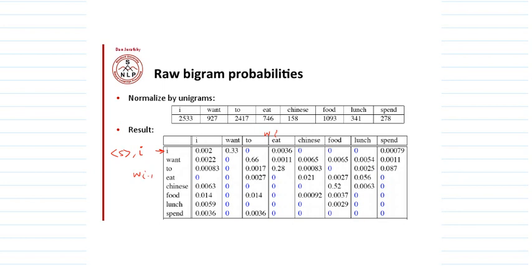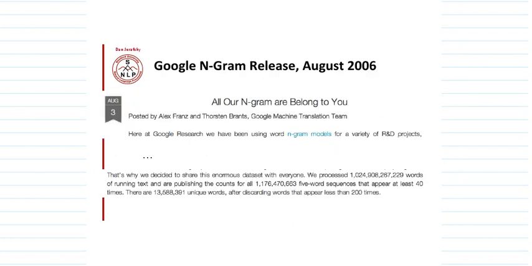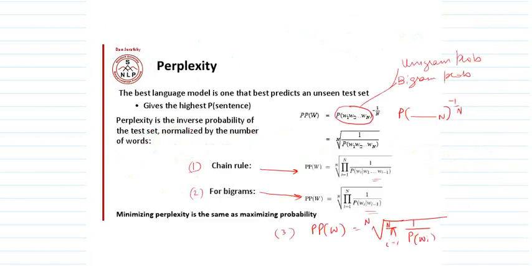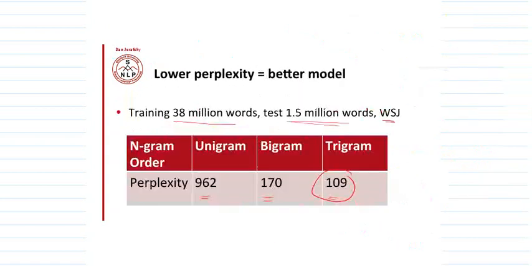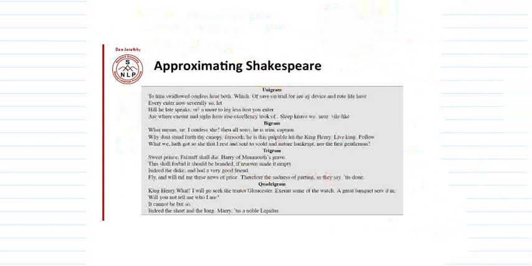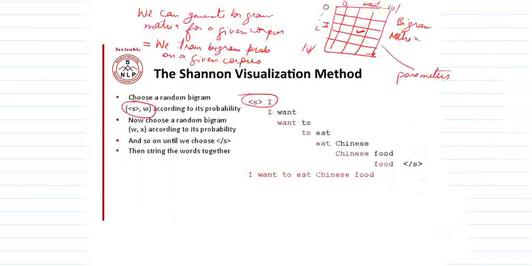In one table, I eat has the highest probability, but for this corpus I eat is not the highest; I want is the highest. So I go to I and see which has the highest probability. Want has the highest probability. Then I will go to the next word, which is now want.